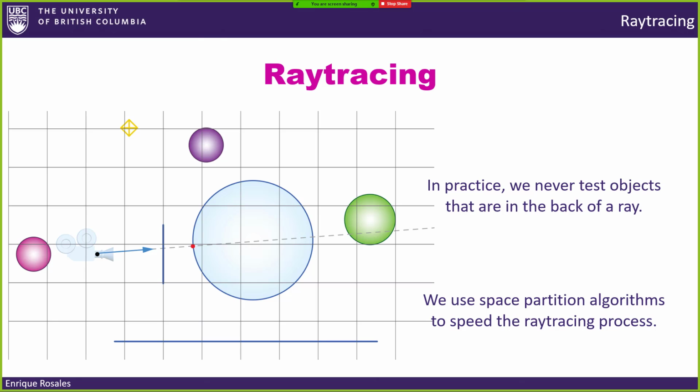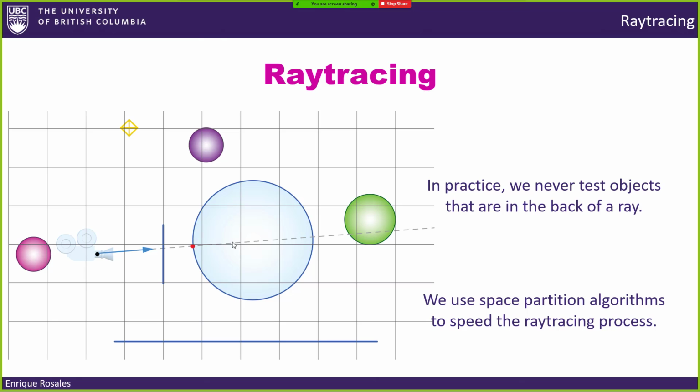Imagine that maybe 90% of those spheres are not even close to this ray. There may be only 2 spheres that will probably touch that ray, and everything else is not touching. That would be incredibly inefficient. Do you agree? It would be very, very hard.